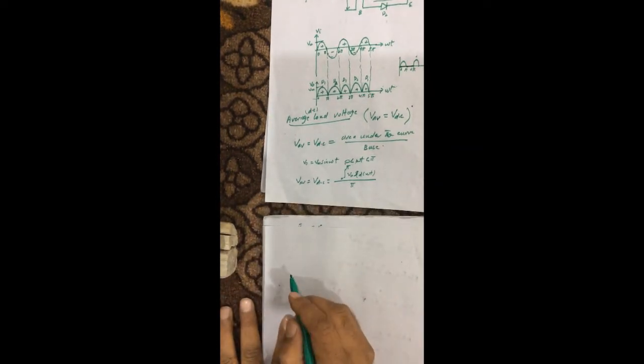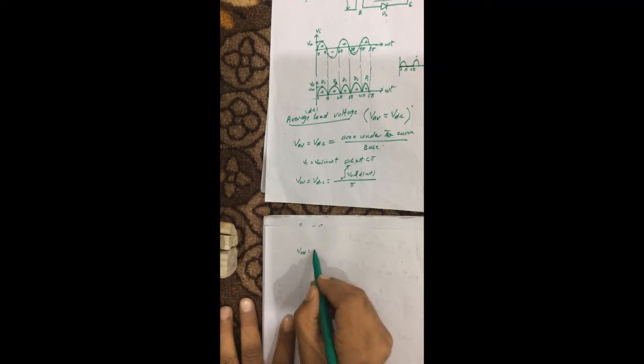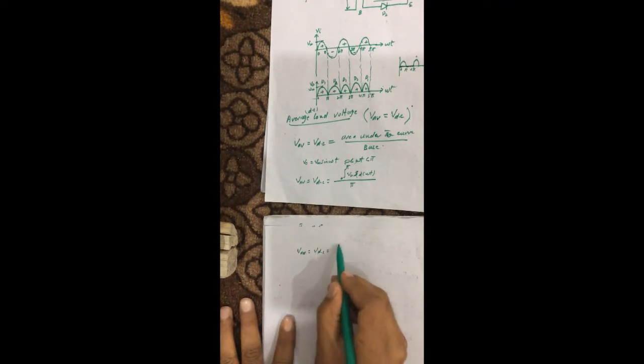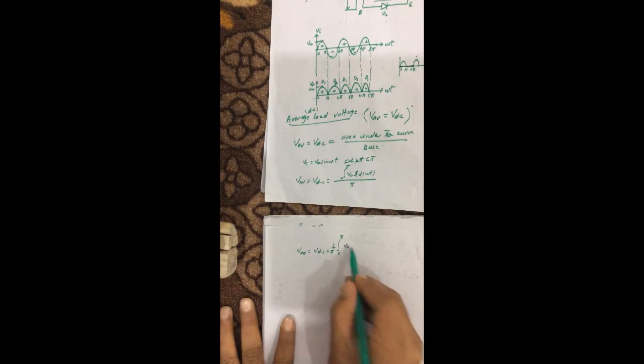Now we have this value for the average voltage. It means that the average voltage VAV or VDC is equal to 1 over pi, integral from 0 to pi of V naught d omega t.